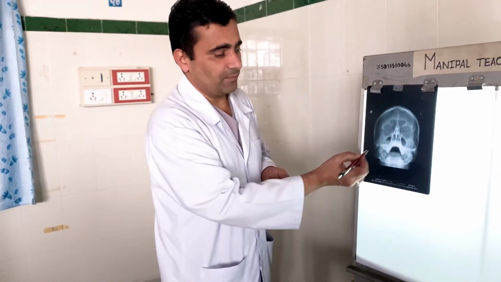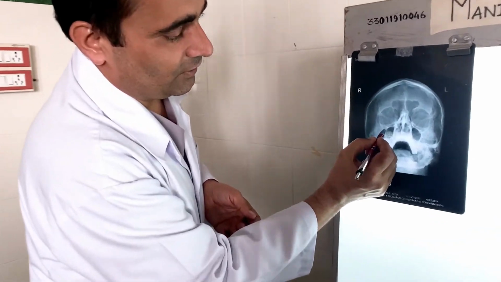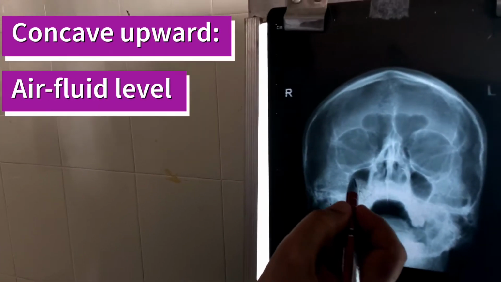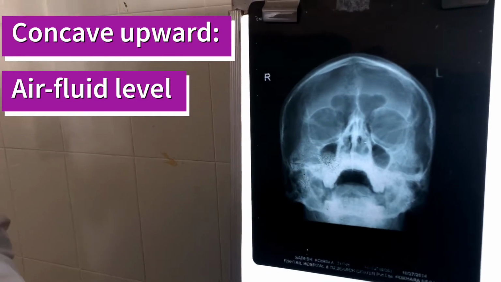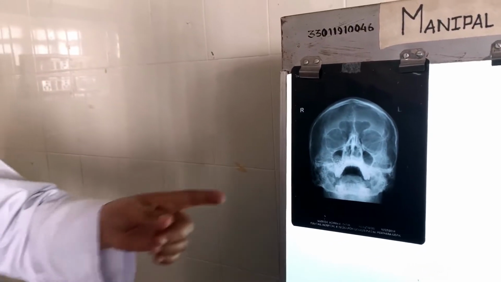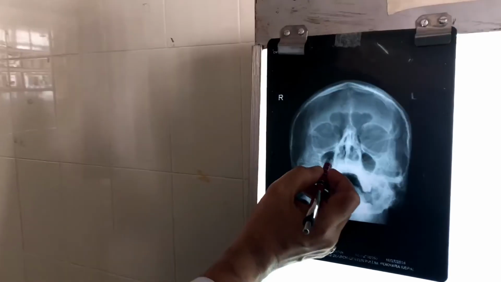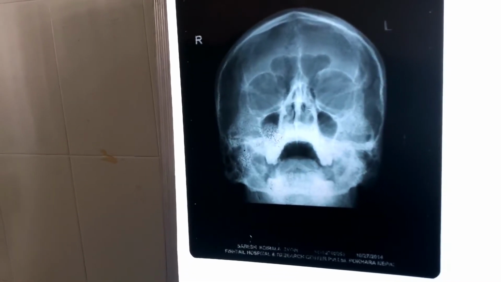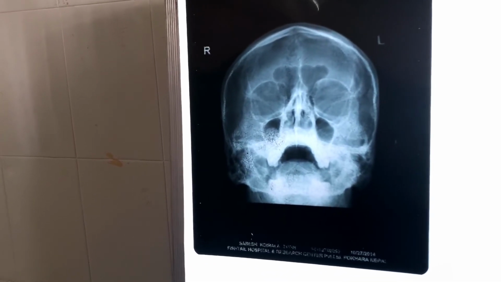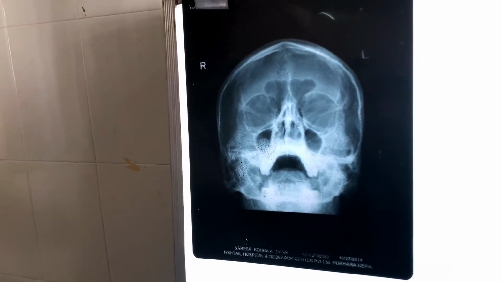But if it were just the reverse, concave upwards, that would really be an air fluid level, probably sinusitis. So this is a right maxillary antral polyp. This is very important. Convex upwards means antral polyp or any solid lesion. Concave upwards signifies the air fluid level. Thank you.